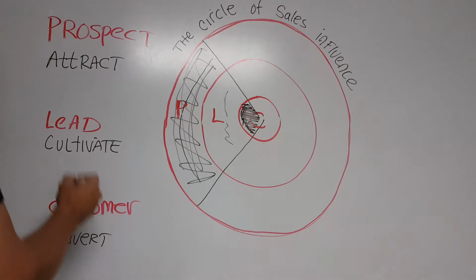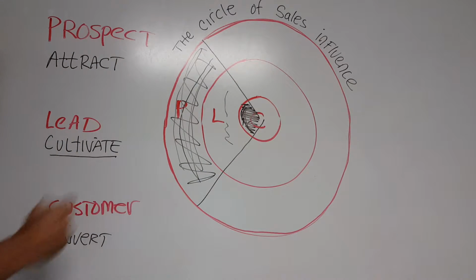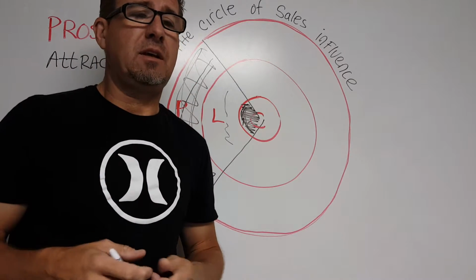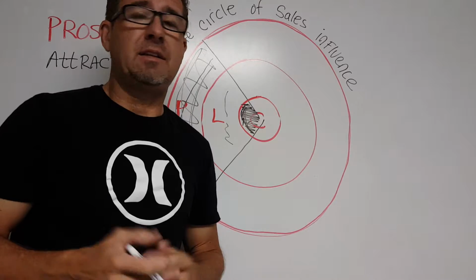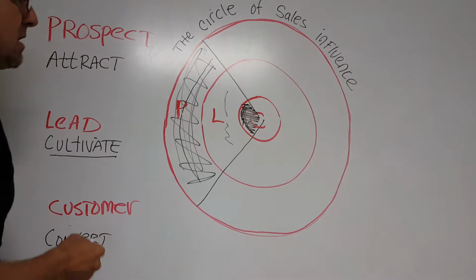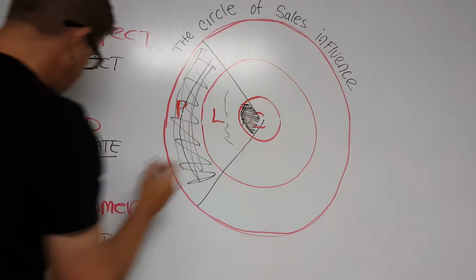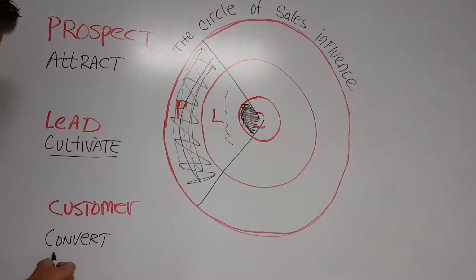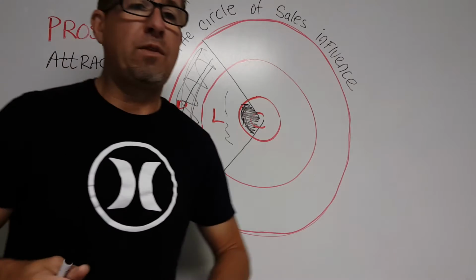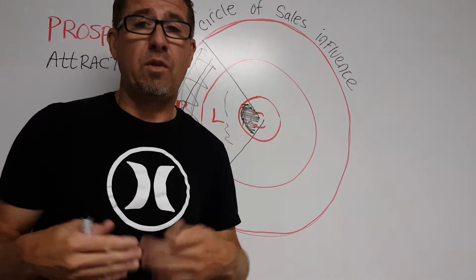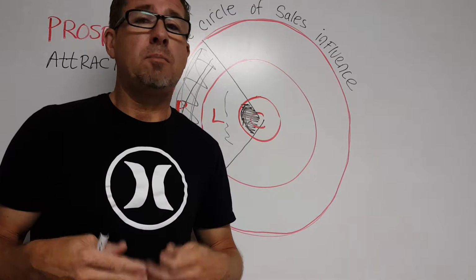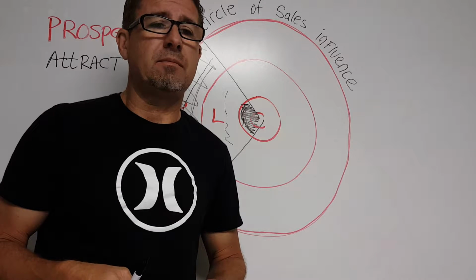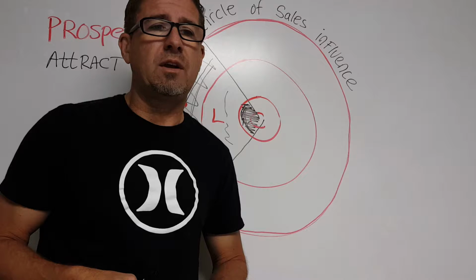And a lead really is somebody that you've cultivated a relationship with, of course, built on trust, knowledge, and integrity. Those are some of the things that come to mind. And then once you have cultivated that relationship, you can get to the point to actually convert them, whether it's convert them to your thinking, convert them to buying your product or services, or maybe you want them on your team.